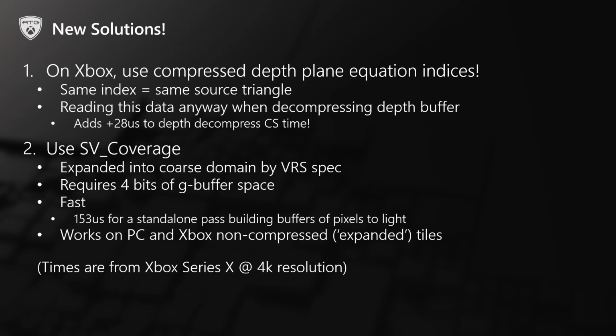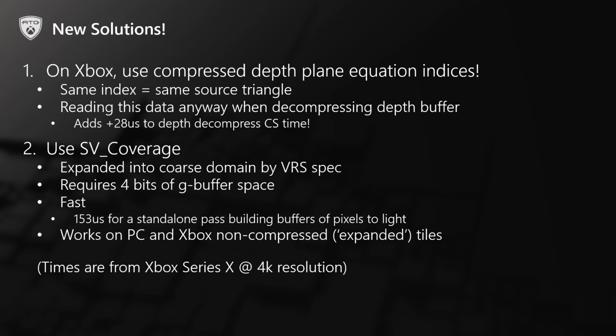I also wanted another method that was not Xbox specific or would work with uncompressed or expanded tiles on Xbox. And the solution here was that SV coverage has been expanded into the coarse domain by the variable rate shading specification.